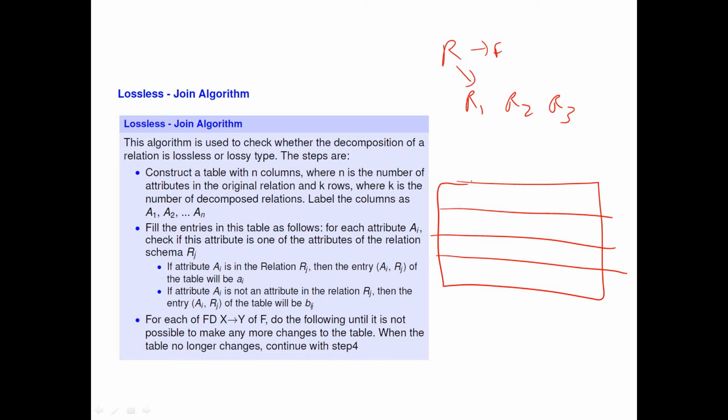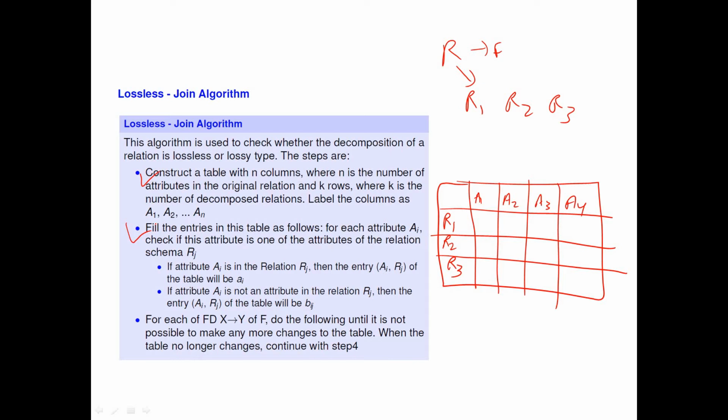We have 4 attributes, which I can name A1, A2, A3, A4. This step says to construct a table with n columns, where n is the number of attributes, and the number of rows depends upon the fragments. Here I have R1, R2, R3, meaning 3 rows. This is the second step.